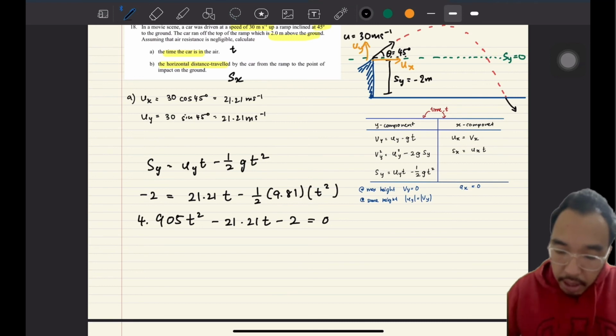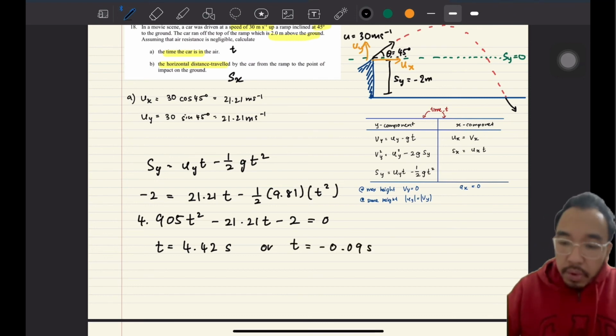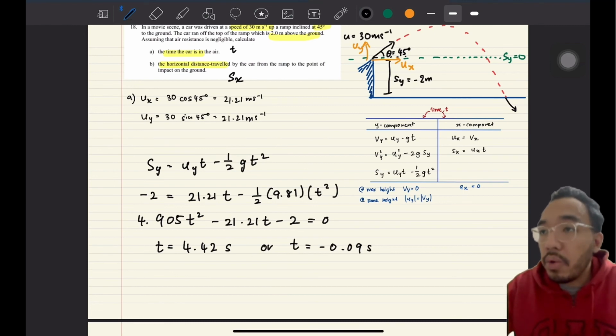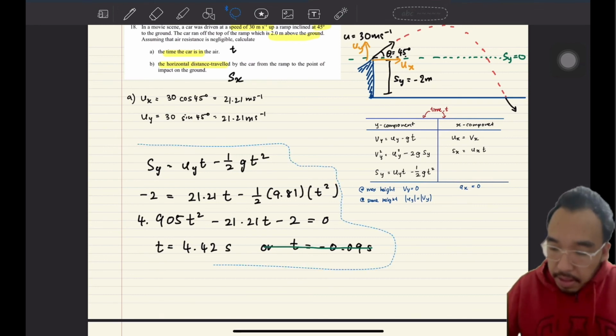So I will get two values of t. There's no negative in time, so straight away you know the answer will be 4.42 seconds, and I can cancel out the other one. So t equals 4.42.